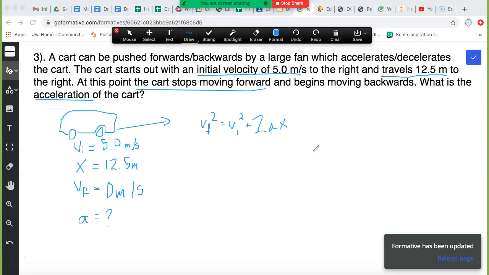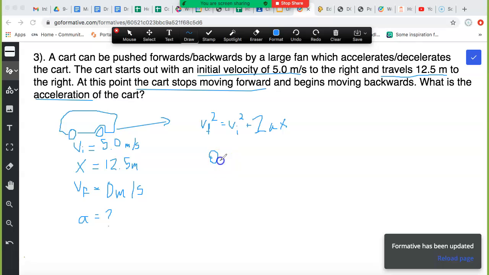There are 2 ways we could go about doing this problem. We could substitute the numbers in and then do our math, or we could do our math and then substitute. For this problem, I'm going to substitute my numbers in. I think it's going to be a little bit easier, and I saw a lot of you doing that in class.